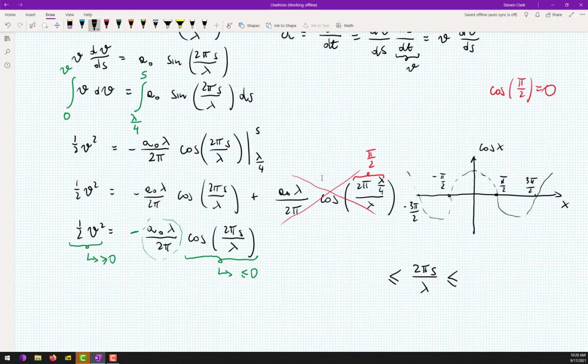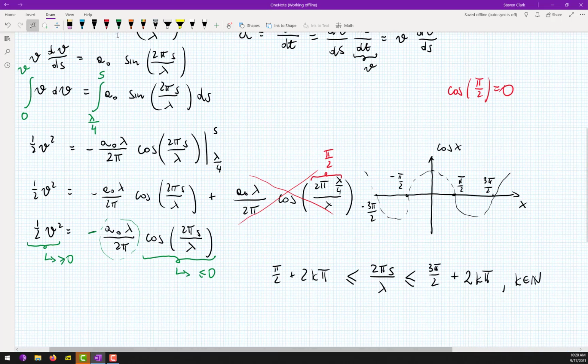It has to be lower than 3 pi over 2 plus 2 k pi, where k is a natural number, and it has to be larger than pi over 2 plus 2 k pi. Let's just multiply by lambda divided by 2 pi.